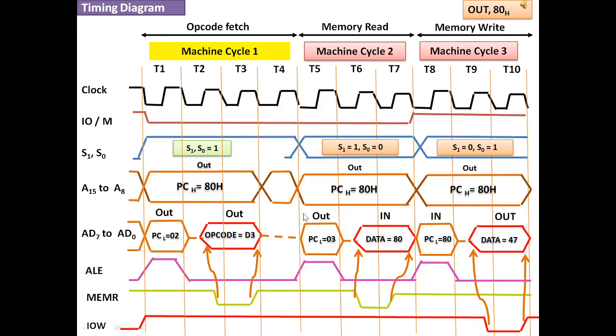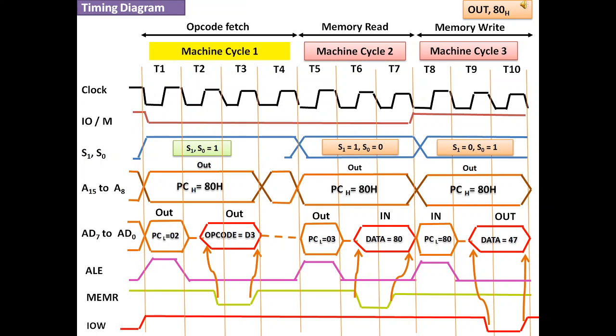Let us look at the timing diagram of OUT 80 hex. Before we try to understand the timing diagram, we need to first understand that the first 4 T states, that is the first machine cycle, is meant for fetching the operational code.